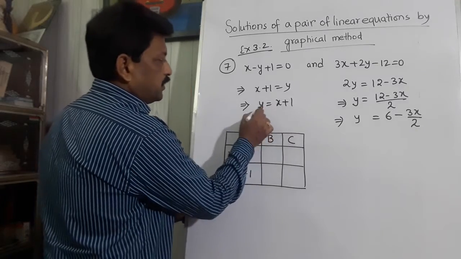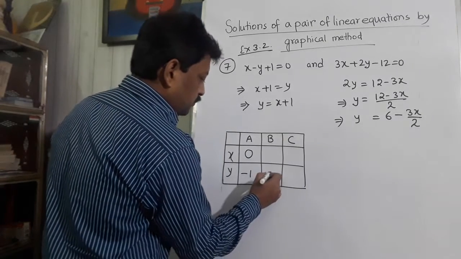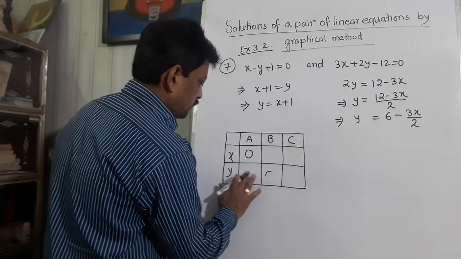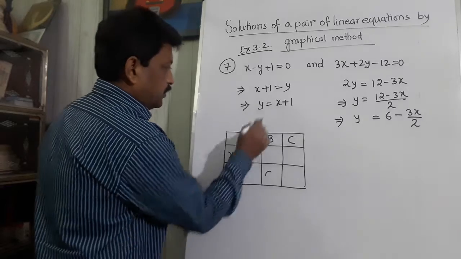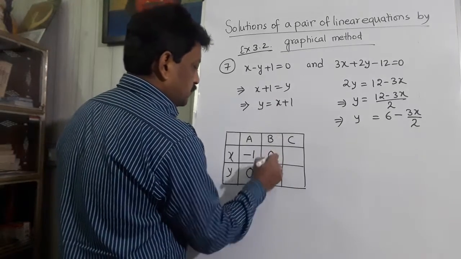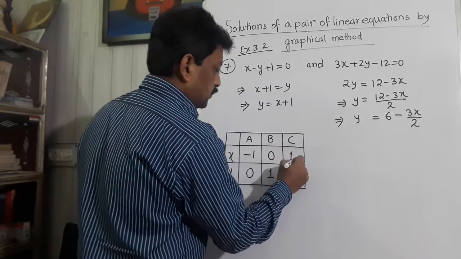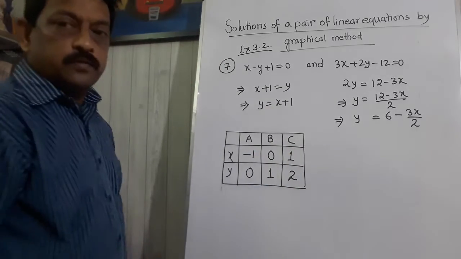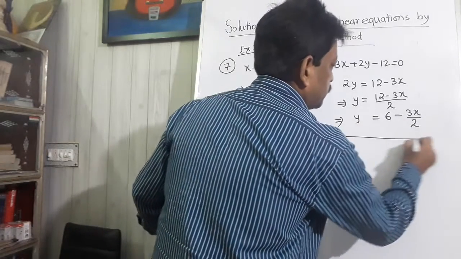If x is minus 1, then y will become 0. If x is 0, then y will be 1. If x is 1, then y will be 2, since 1 plus 1 is 2. Got it? Here is the solution set for the second equation.